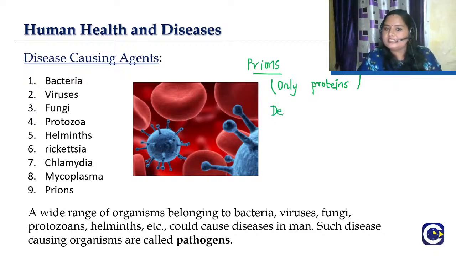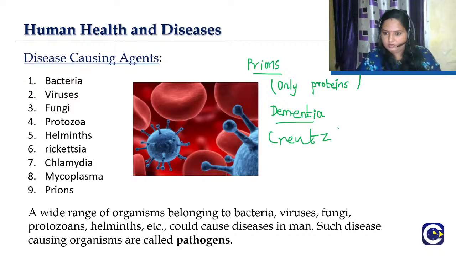It causes diseases like dementia. Okay, dementia is gradual loss of memory. It causes diseases like dementia, and one classic disease is, let me write it, Creutzfeldt-Jakob disease.